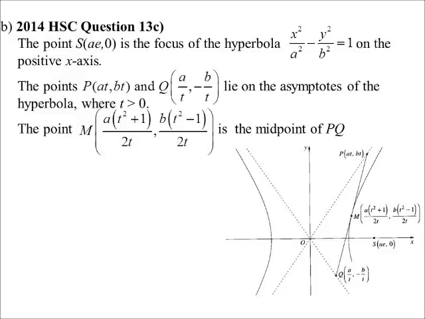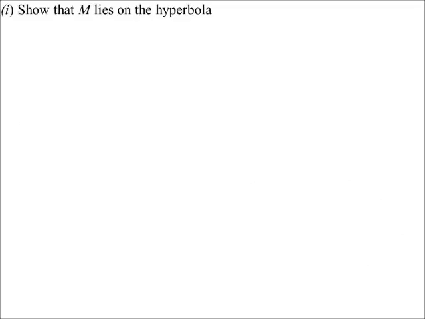So I was thinking that was a strange parametric to use, but they're actually just points on the asymptotes. So P is (at, bt), Q is (a divided by t, b divided by t), M, and they've given us the coordinates, just in case we couldn't add together and divide by 2. It's the midpoint. Okay.